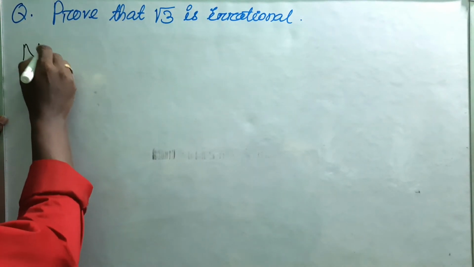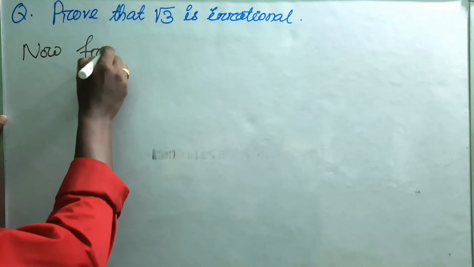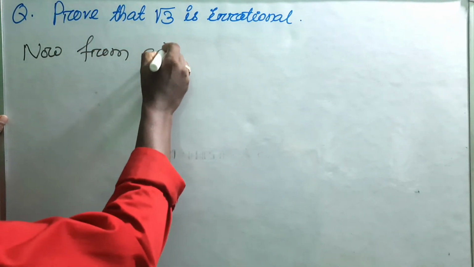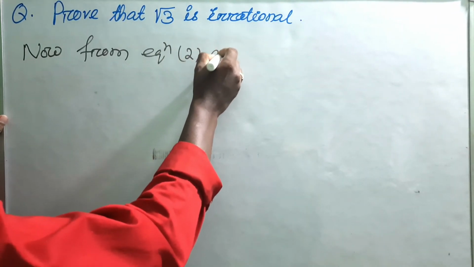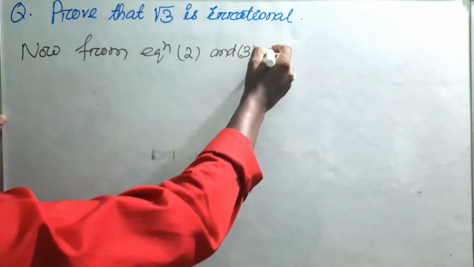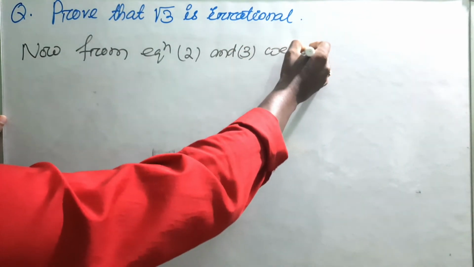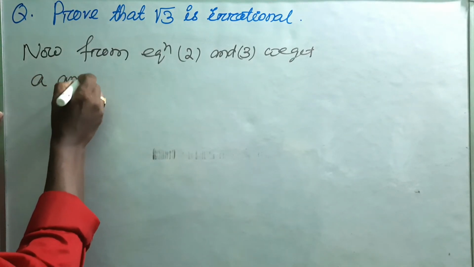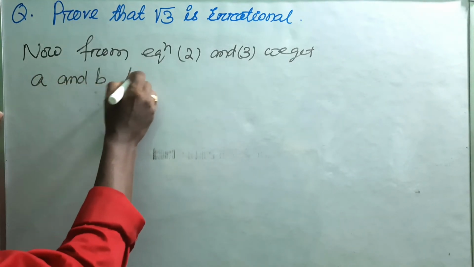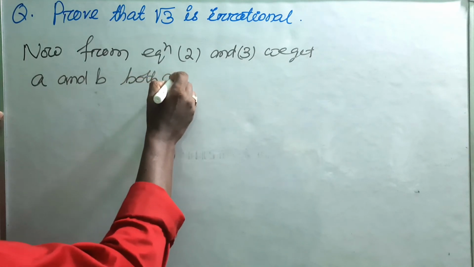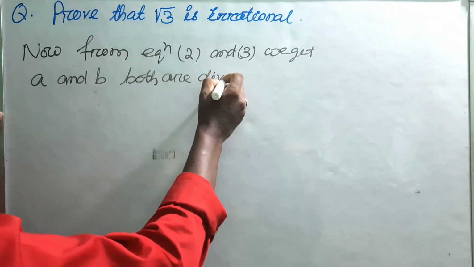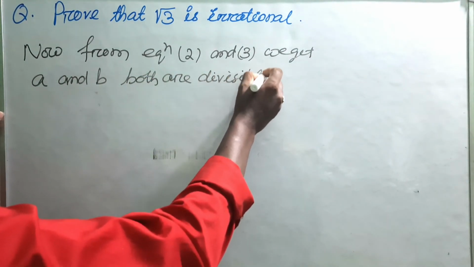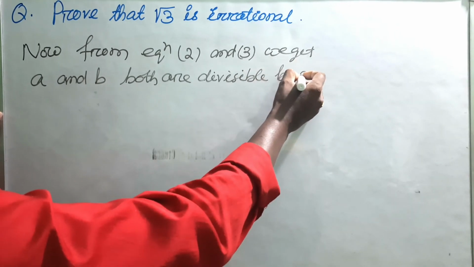Now from equation 2 and 3 we get, what do we get here? a and b both are divisible by 3.